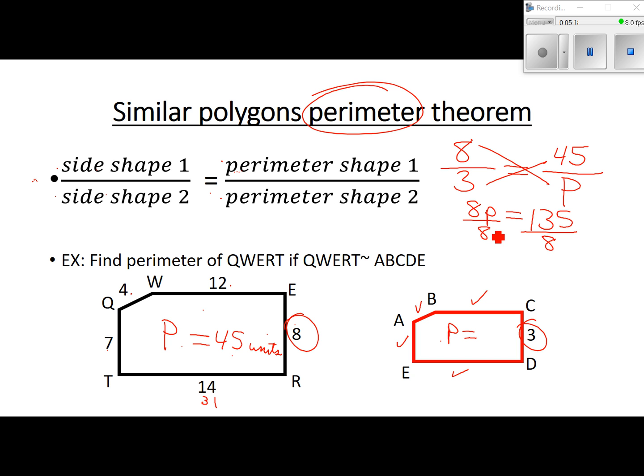Grab your calculator, you can divide. It's probably not going to come out all real nice and even, so we divide 135 by 8, and I end up with 16.875. So the perimeter of this shape is 16.875 units, whatever those units are.